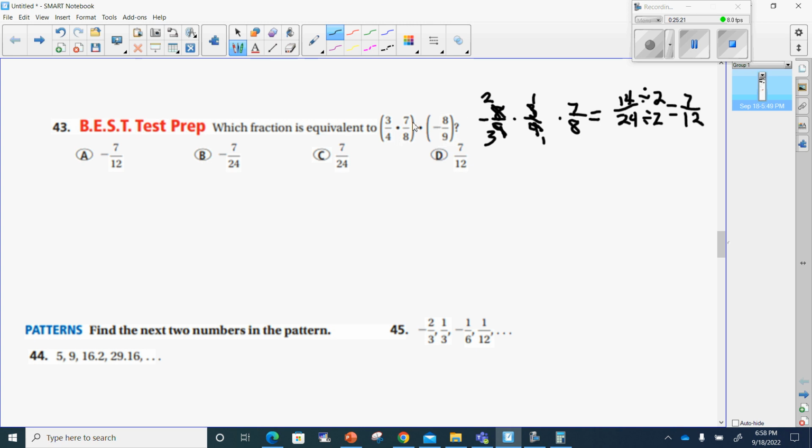We had a negative here in front of 3/4. We had a negative over here in front of 8 over 9. A negative times a negative is a positive. Positive times a positive is a positive. So my answer should be 7 over 12. Let's find out. Got negative 7 over 12. That's absolutely wrong. We got negative 7 over 24. That's incorrect. We got 7 over 24. That's incorrect. And now we have 7 over 12. That is our answer.